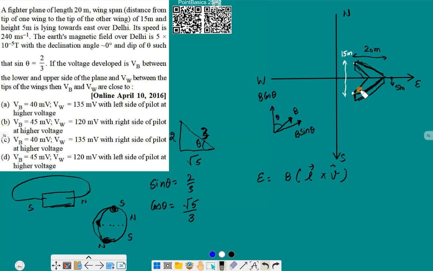So there will be a potential difference across this 20-meter length, and also this B cos theta component is perpendicular to this 5-meter length.